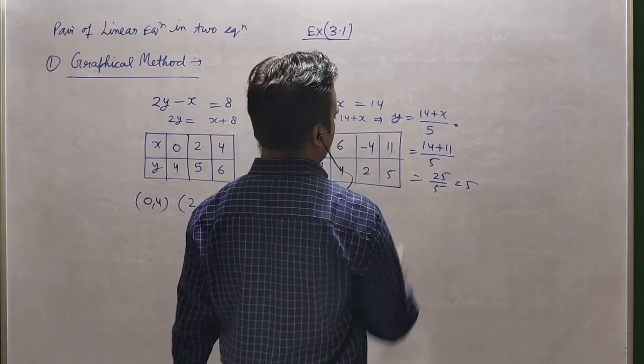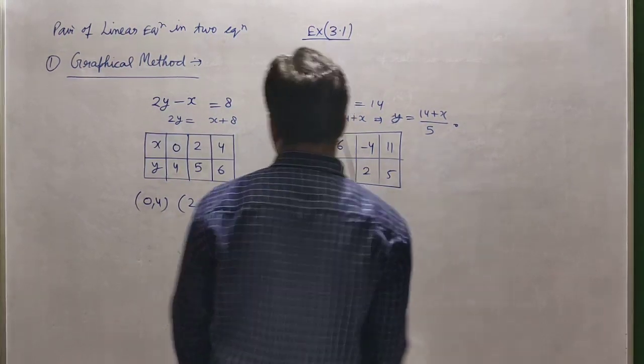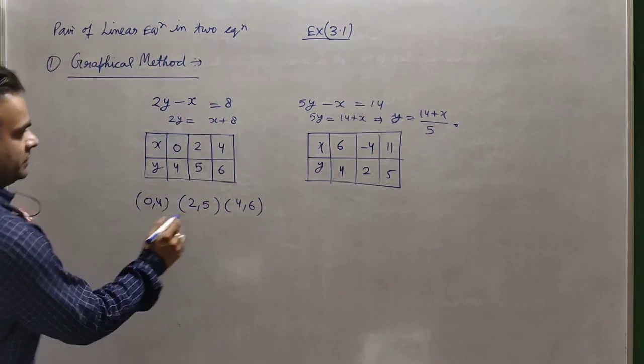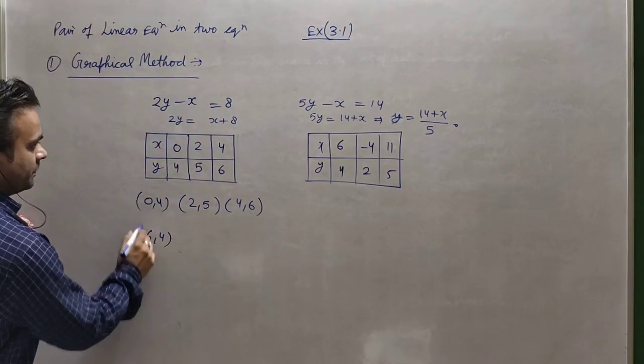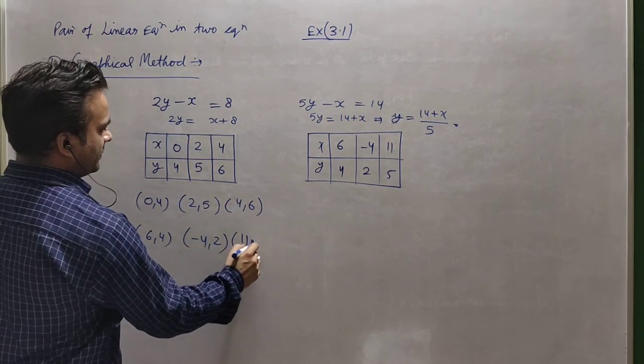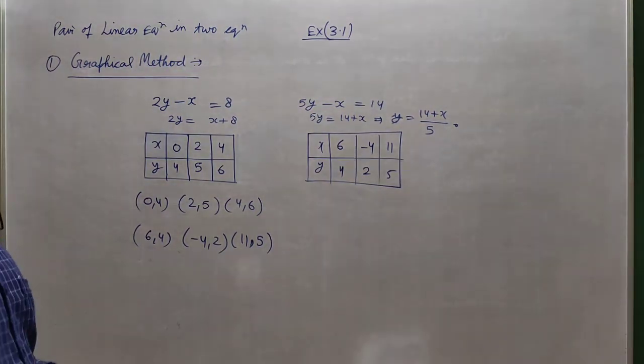For 11 you are getting 5. Now you have taken 3 points here, right? So I am writing the coordinates here: (6, 4), (minus 4, 2), and (11, 5), right? So this is the first step, to take the coordinates.